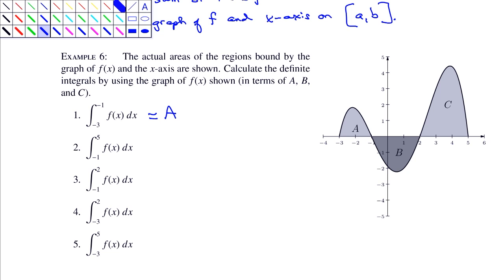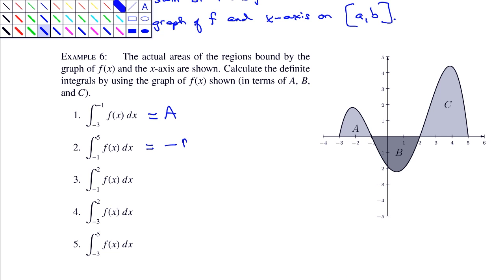Now, question 2. What is the integral from -1 to 5? So x equals -1 starts here. It goes over to x equals 5. So we're going to take the combined area, but we've got to use their signs. In this first part, going from -1 to 2, the area of that curve is B, but it is below the x-axis.